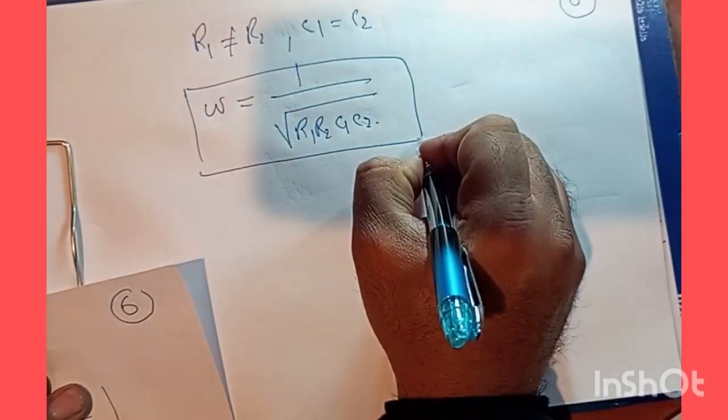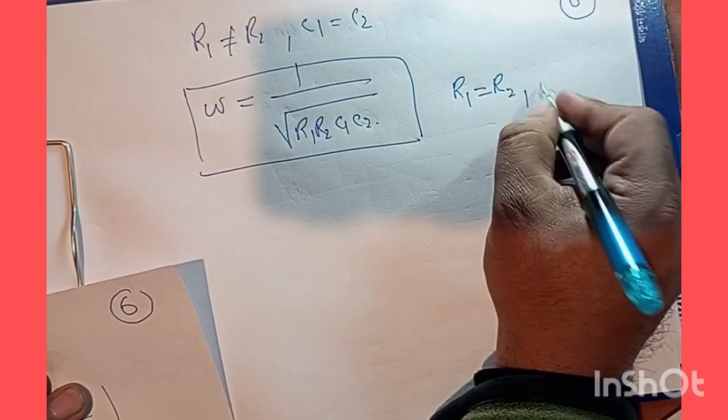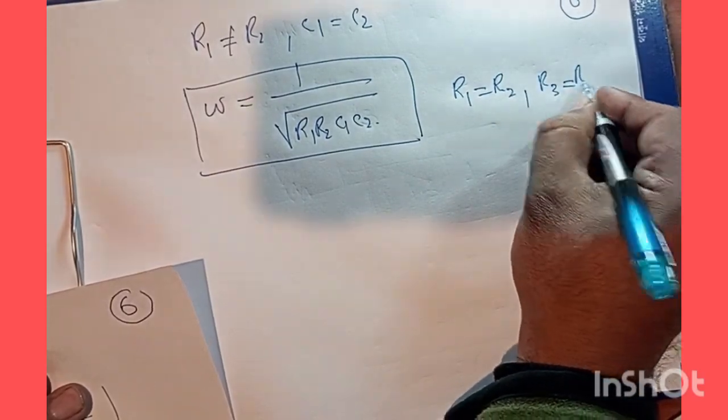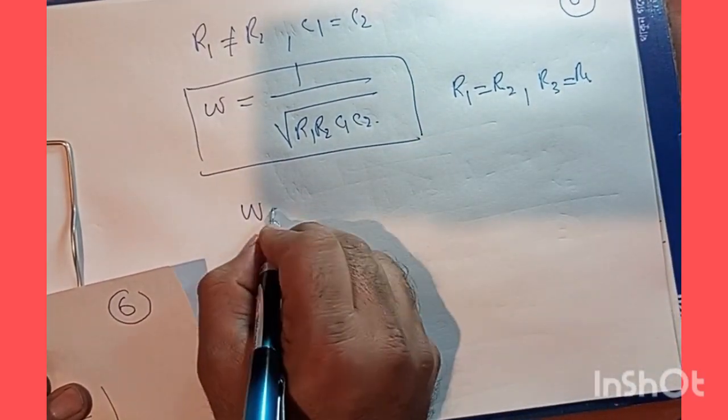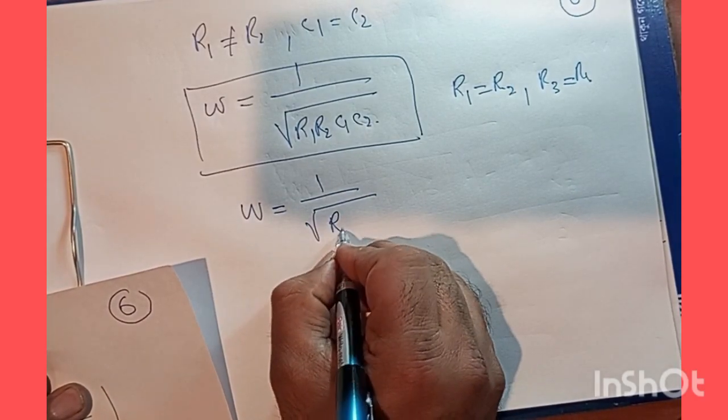So if you boil down this equation for an approximation R1 equal to R2, C1 equal to C2, then you will come back with omega is equal to 1 by RC.